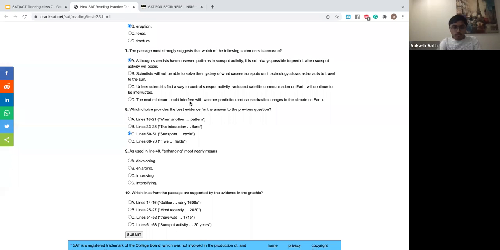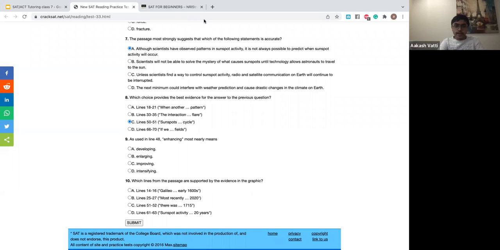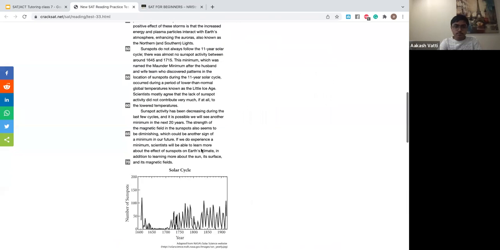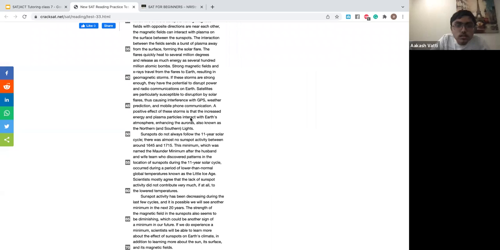So 9 is, okay, 9, line 48, enhancing most nearly means. All right, enhancing the auroras.